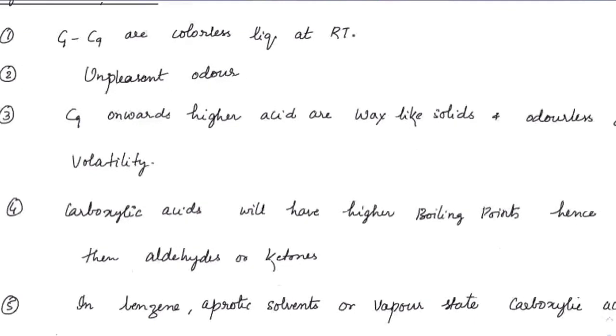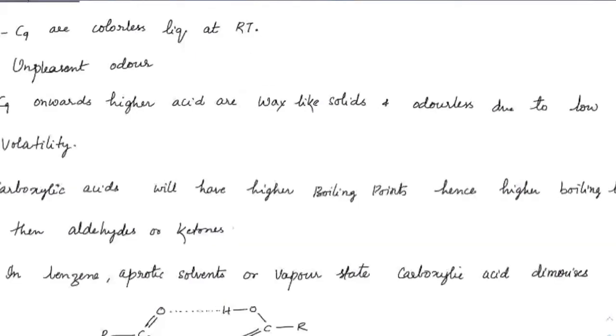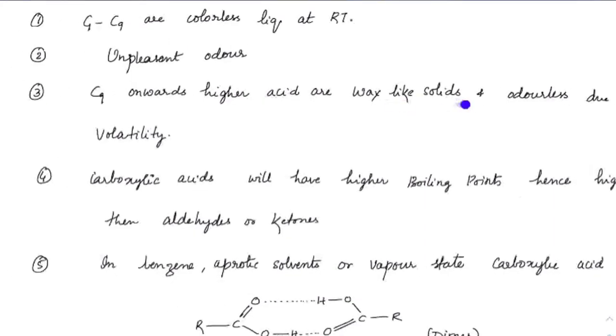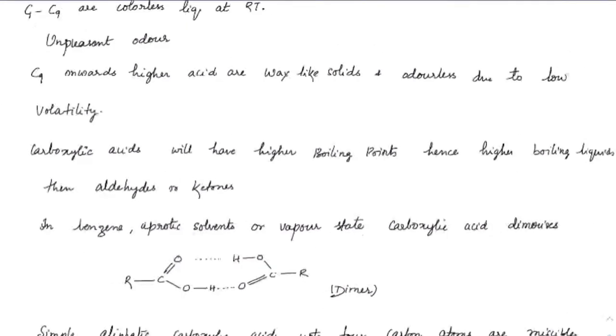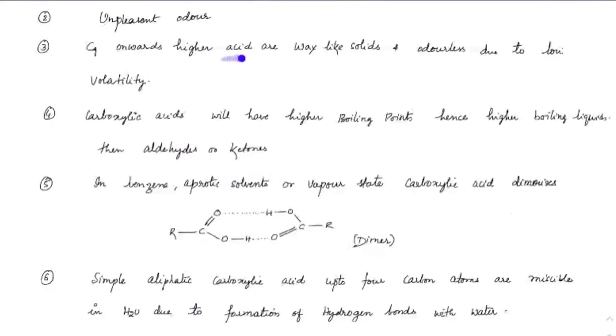As you go from C9 onwards, it will start becoming waxy, and most of the fatty acids, if you remember, all have waxy nature, right? And second thing, as the carbon chain is increasing, its volatility will decrease.